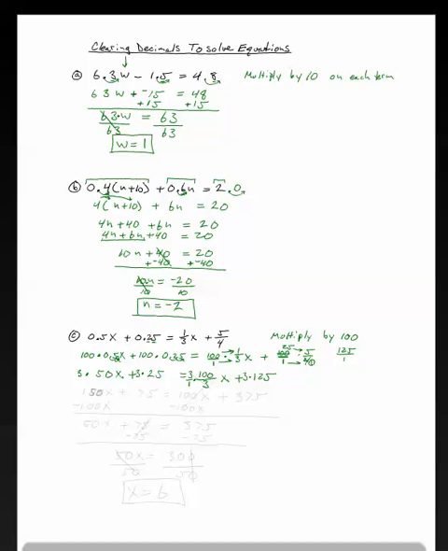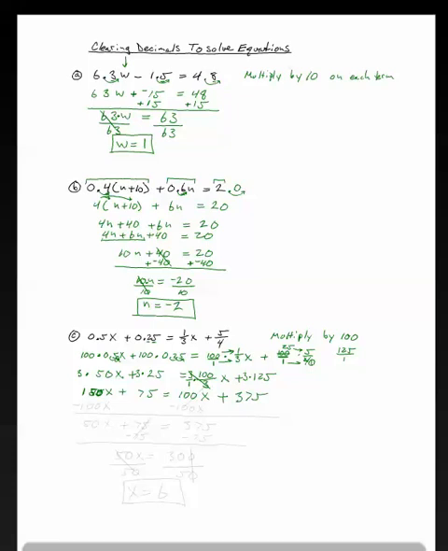So 3 times 50x gives me 75x, plus 3 times 25 gives me 75. Whoops, 3 times 50 is 150. Sorry about that. So 3 times 50x is 150x. 3 times 25 is 75. Here the 3's are going to cross cancel. So we have 100 over 1, which is 100x, plus, and then 3 times 125 will give me 375.